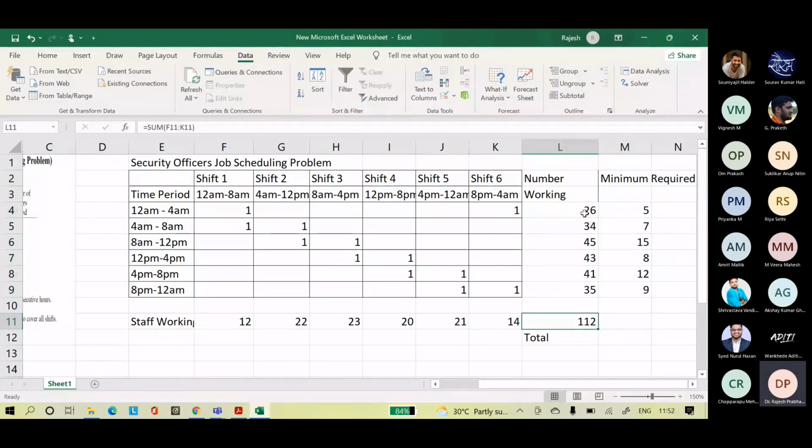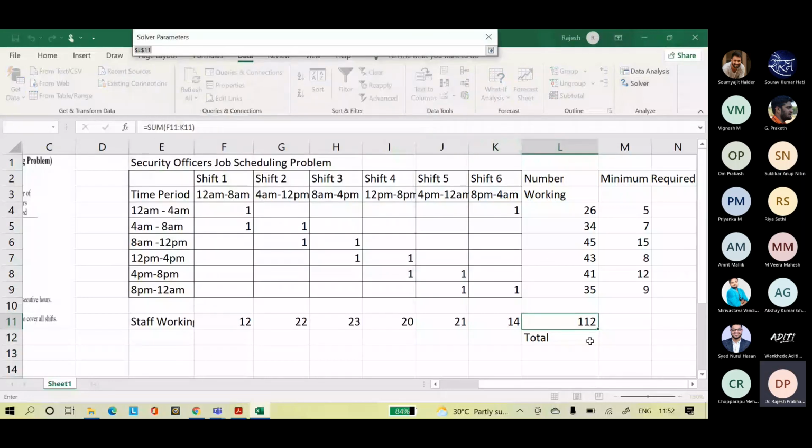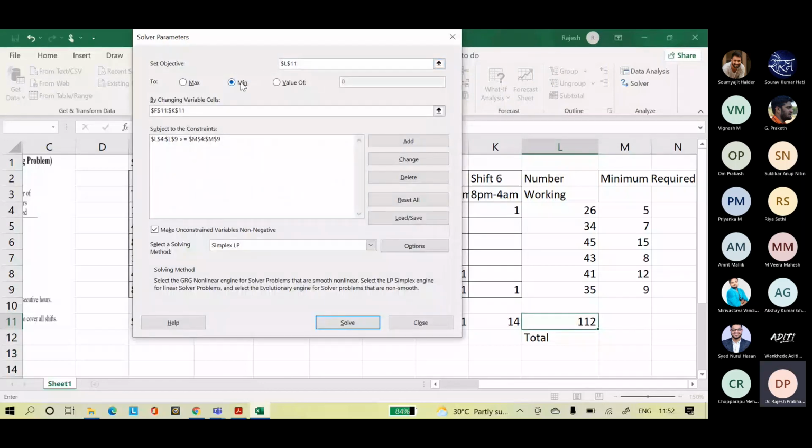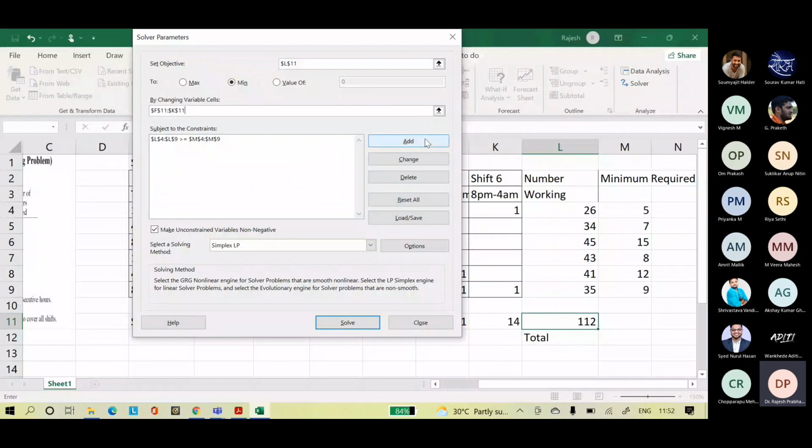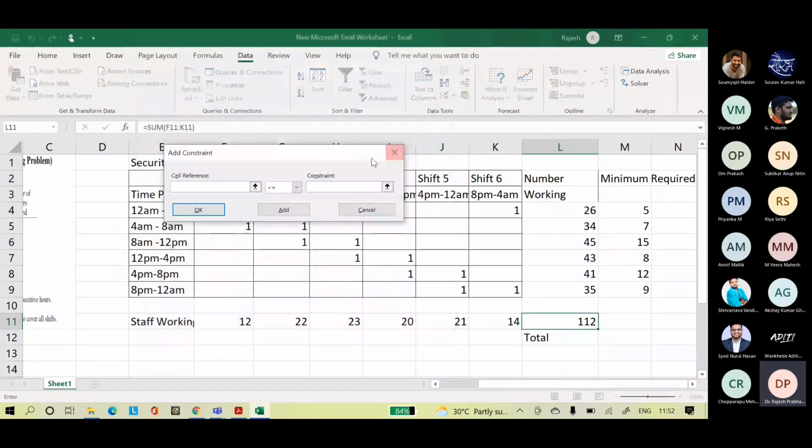Now we have to schedule them in such a manner that the number of people working in the shift is reduced. So the solver minimization cell is your number of staff, 112. Click on minimization. By varying cell, select the sum working cell, and then you add the constraint.